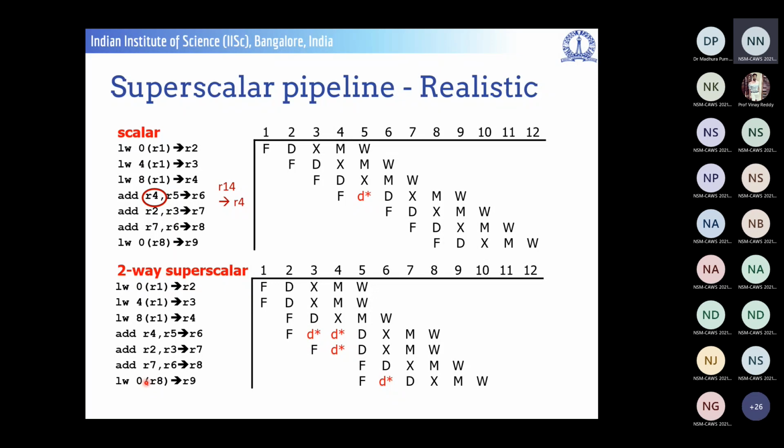And how many instructions you can pack in each cycle into each stage is not always 100%. If you have a 2-way or 4-way pipeline, it would not always be that all of these instructions can be in each stage at the same time.